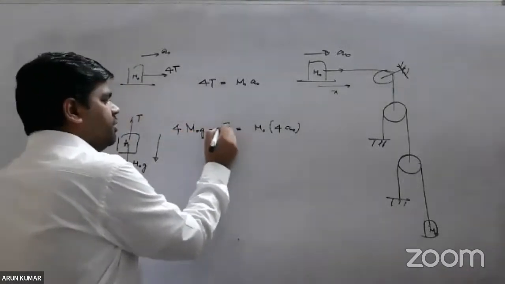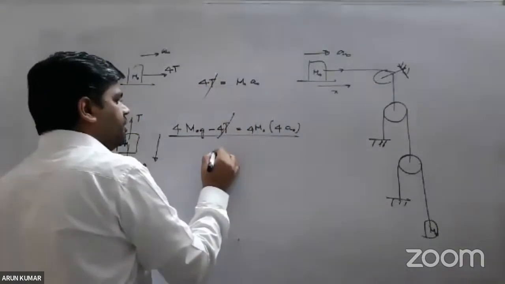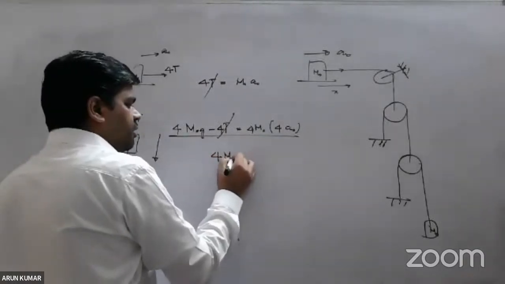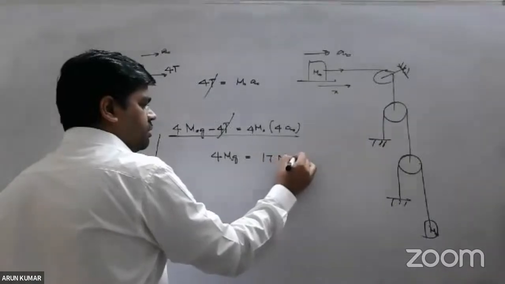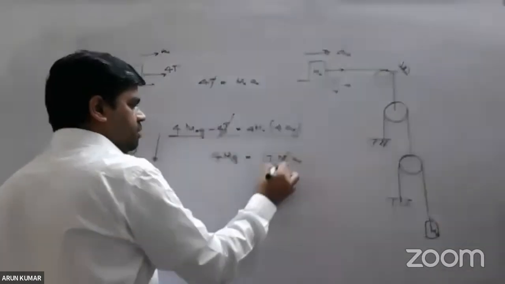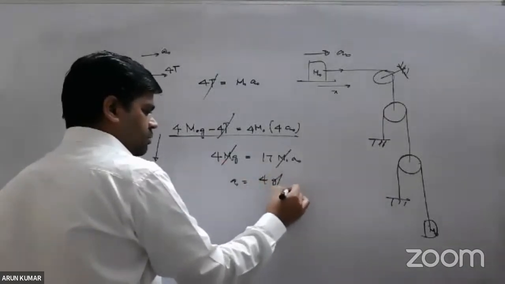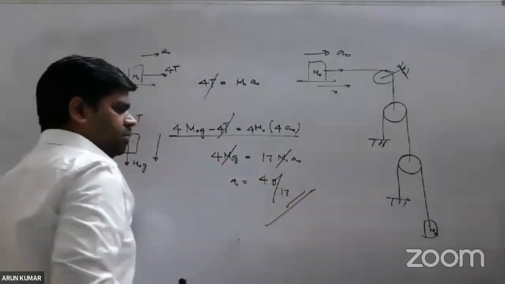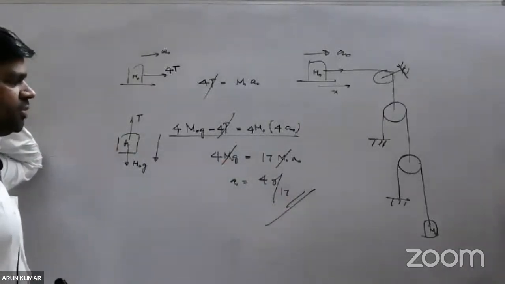So I multiply this with 4 and I add these two equations. 4T gets cancelled out. So 4 M naught g is equal to 4 M naught A naught plus 16 M naught A naught, that is 17 M naught A naught.